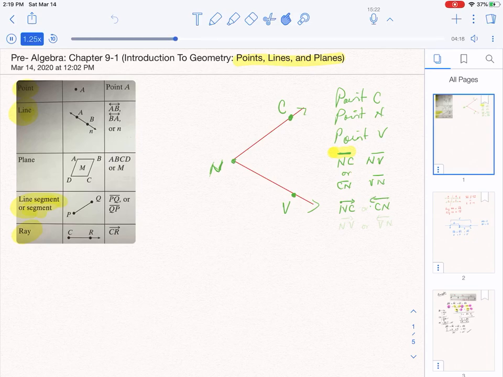They are not the same thing. And then I can also say ray NV, or ray VN, but my arrows go in different directions.